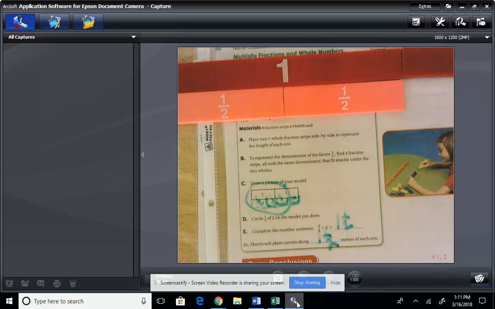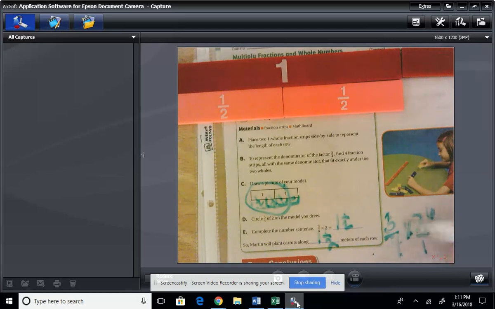Well, now let's look at this as a multiplication problem. So 3/4 times 2. And if I look at this, I get 6/4 when I multiply straight across. Why did I put a 1 over the 2? Because that's how I make a whole number a fraction.